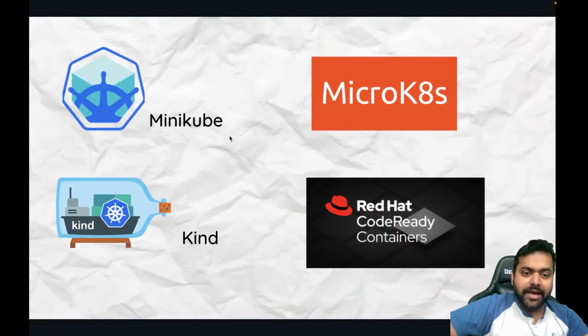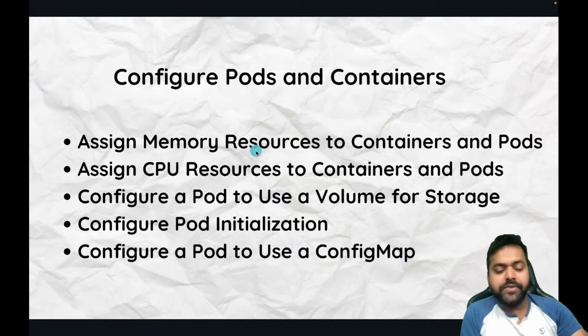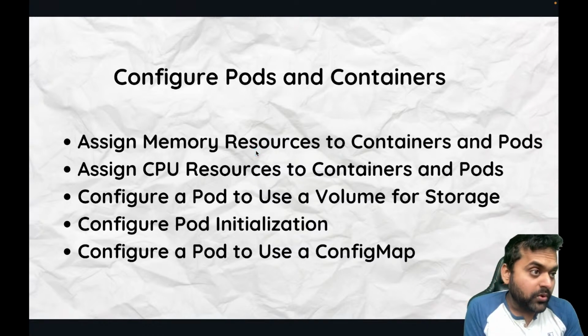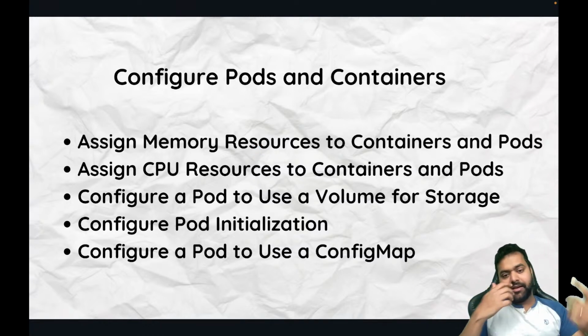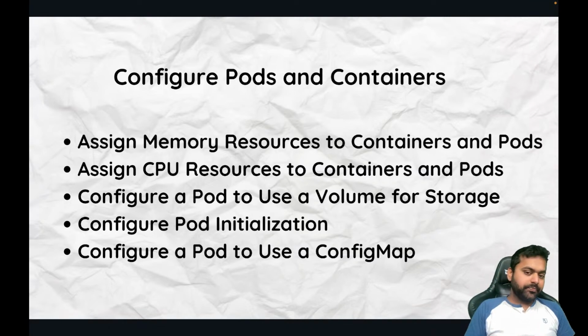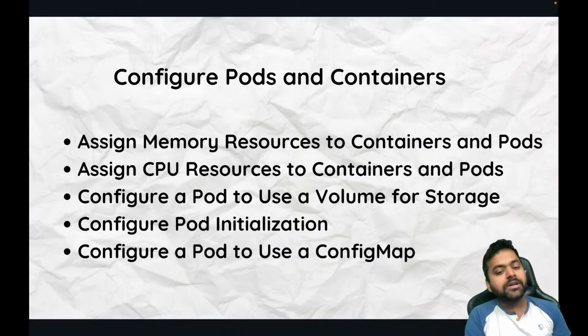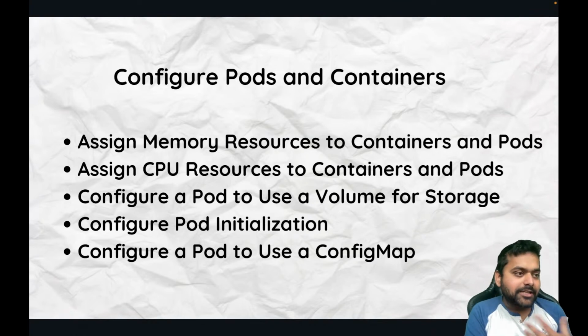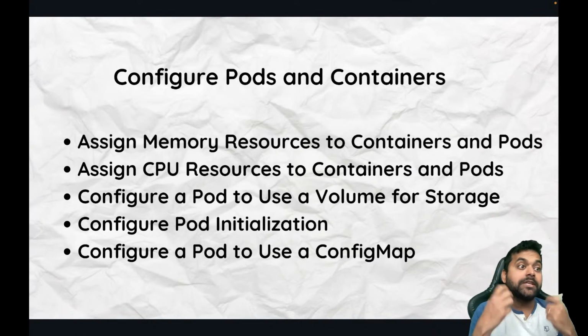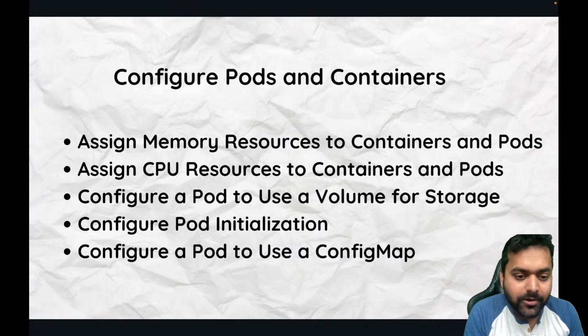So just to recap, we saw memory and CPU, how we can set requests and limits. We saw how to use volumes, and with the understanding of volumes, we saw how init containers work. And then on a similar concept, we saw the config map, what a config map is, how to create one, and how to use it inside the pod.